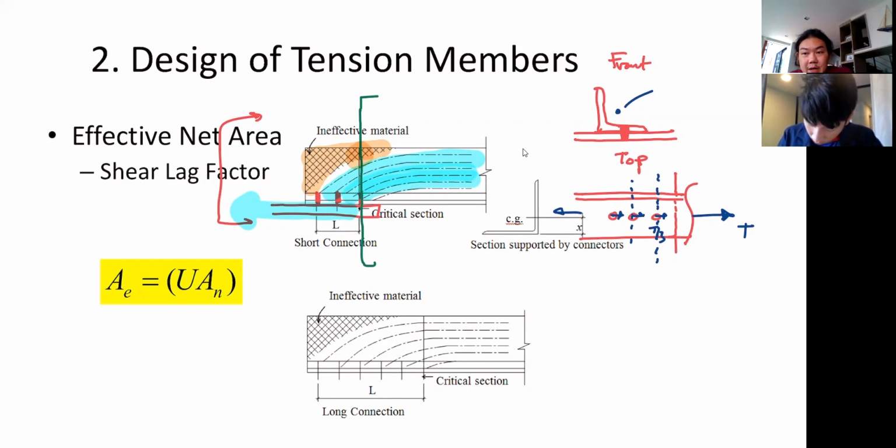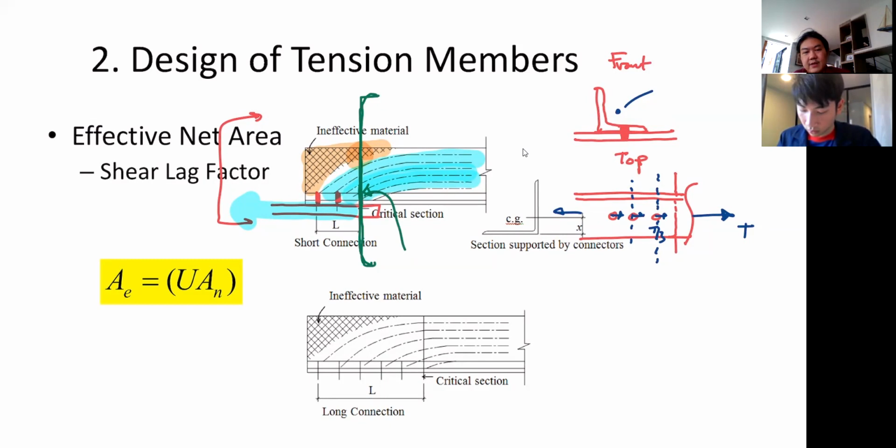As a result, it becomes ineffective. So you see, when you look at this green critical section, not only do you lose the area deduction due to the hole here, but you also have the area of the member where the force doesn't want to go.